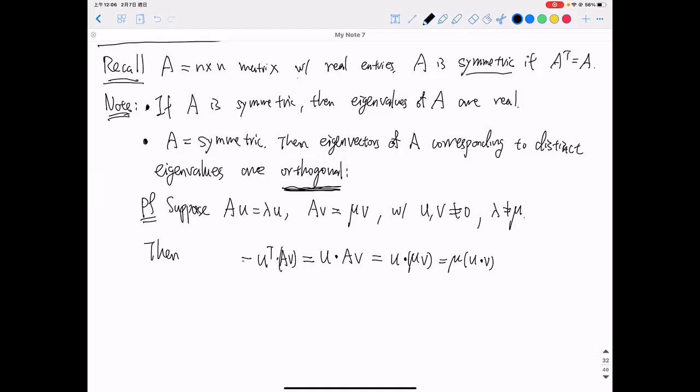And there's another expression of this quantity that's AV transpose times U, right? You can check that. We've argued this before, that these two expressions are just equal. But AV transpose U is V transpose A transpose U, right?